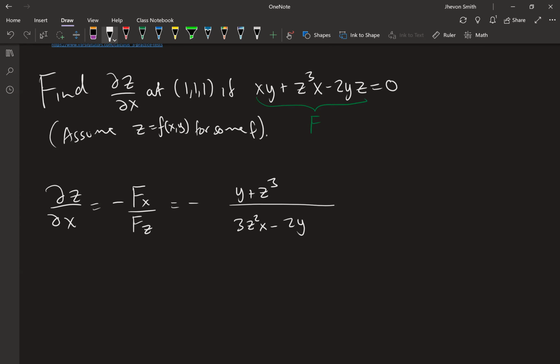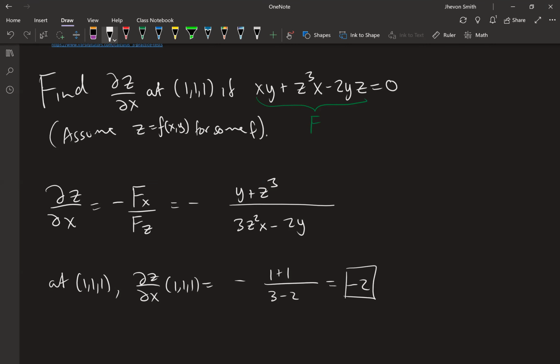So that's going to be your guy. And then at (1, 1, 1), the partial of z with respect to x evaluated at (1, 1, 1) is equal to minus 1 plus 1 over 3 minus 2. So minus 2 would be the answer.